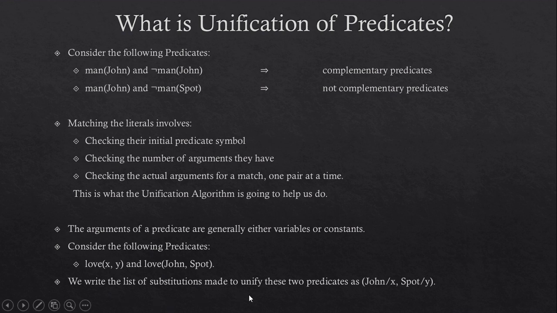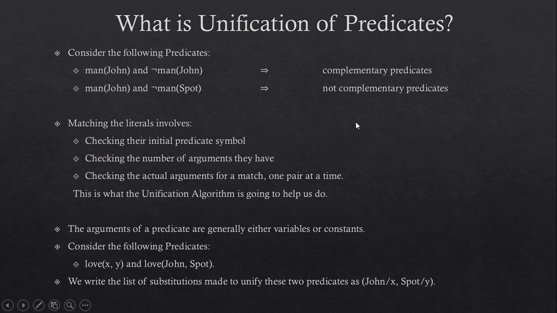We write the list of substitutions made as John/x, Spot/y. And we say it as John for x, Spot for y. I hope from this example, the role of the unification process is clear.